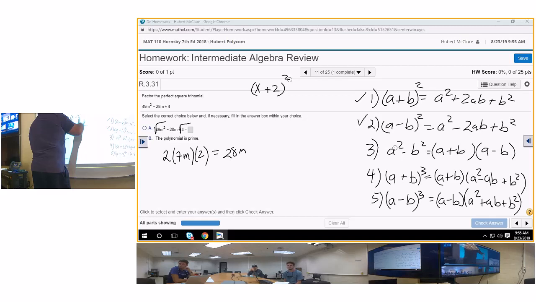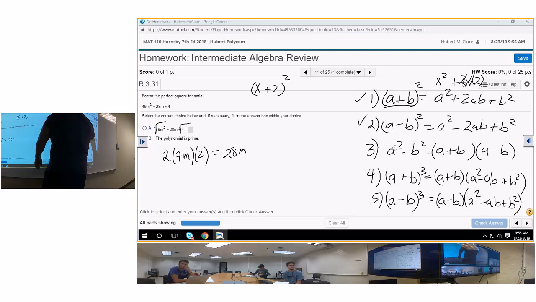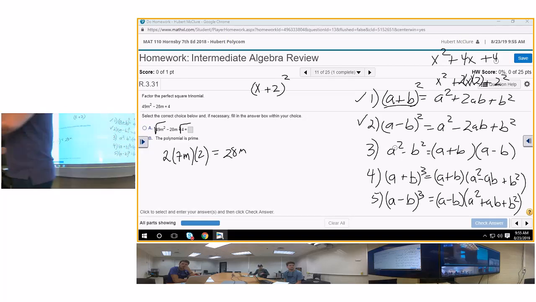It looks like one of these 2. Looks like that one. But it's in this side, so now you're going to go, what's A? It's going to be x squared plus 2 times A times 2 plus 2 squared, and that's going to be x squared plus 4x plus 4. So you can go both ways. You can go left to right or right to left.